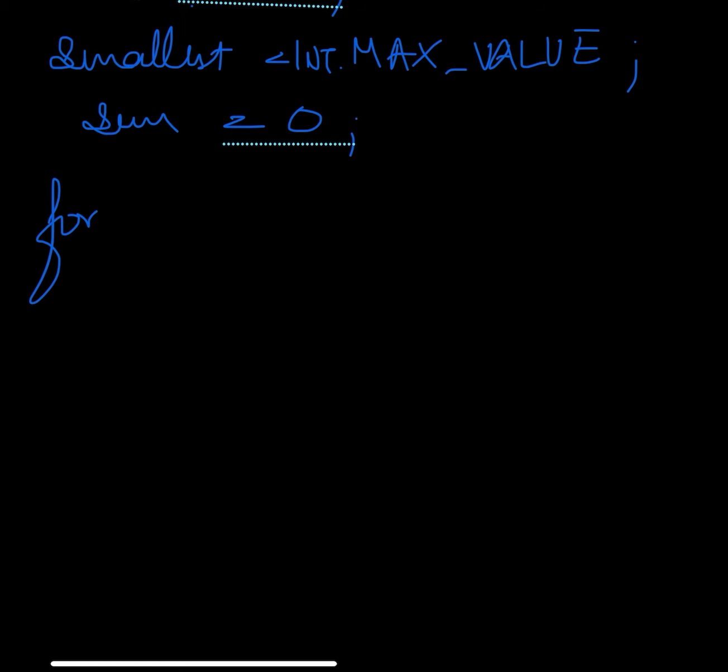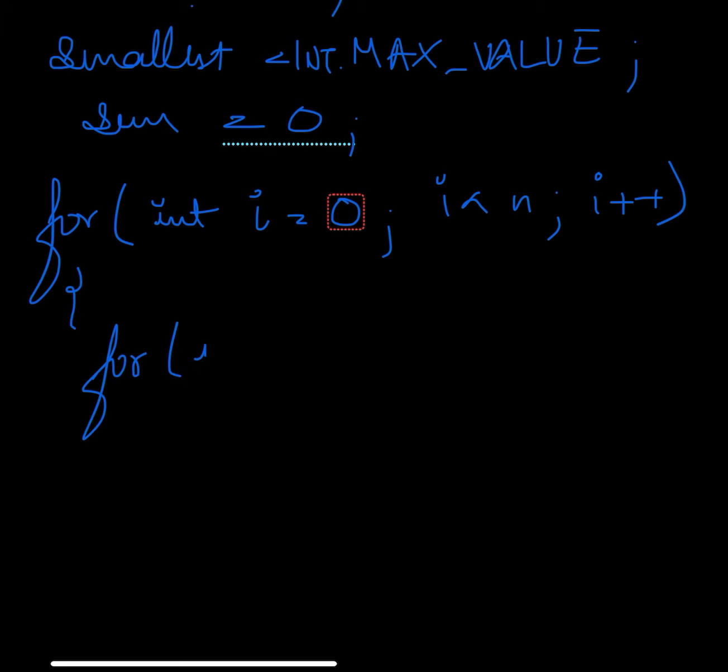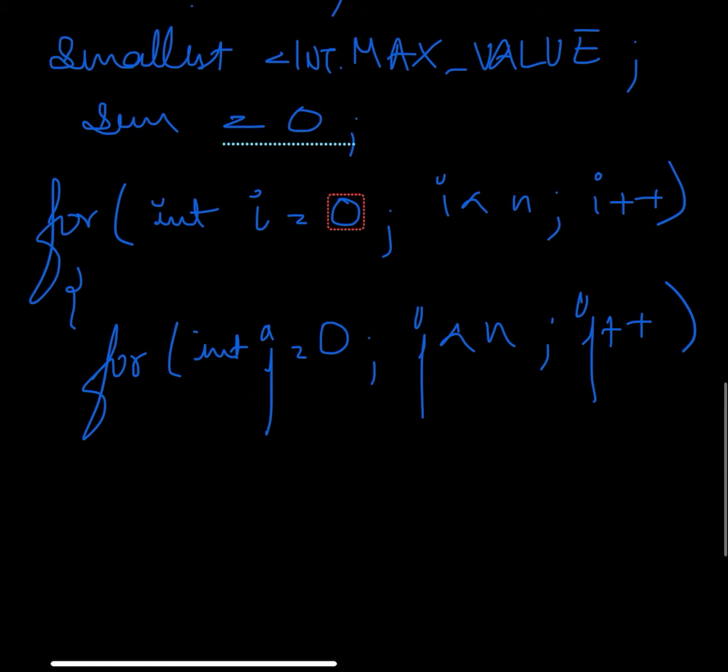Then we'll iterate with a for loop: int i equal to 0, i less than n, i plus plus. And for int j equal to 0, j less than n, j plus plus.